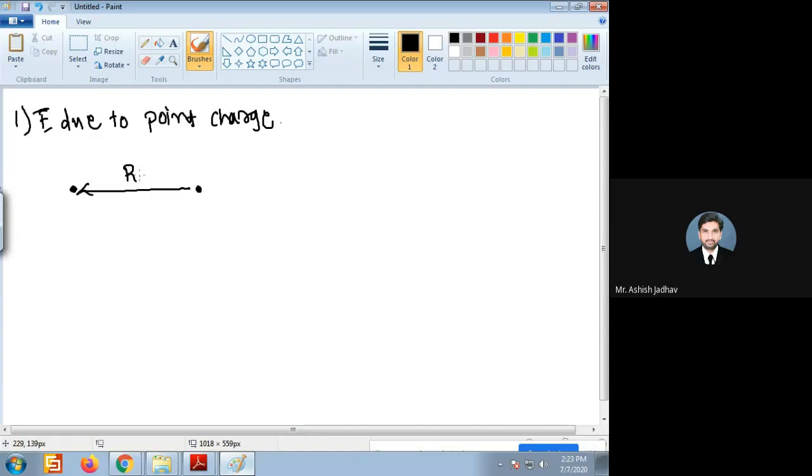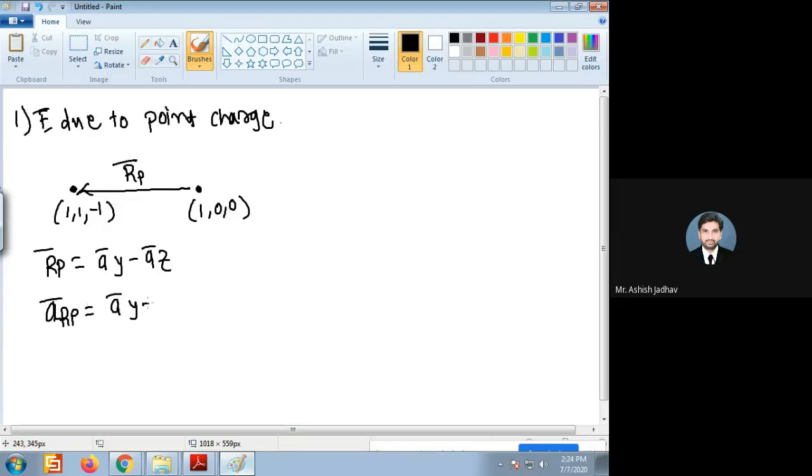So what I said, this is RP bar, right? RP bar is to be calculated from (1, 0, 0) to, let's say, (1, 1, -1). So in that case, RP bar is equal to A bar Y minus A bar Z. Correct me if I'm wrong. And in that case, the unit vector of RP bar is equal to (A bar Y minus A bar Z) divided by under root 2. Right?